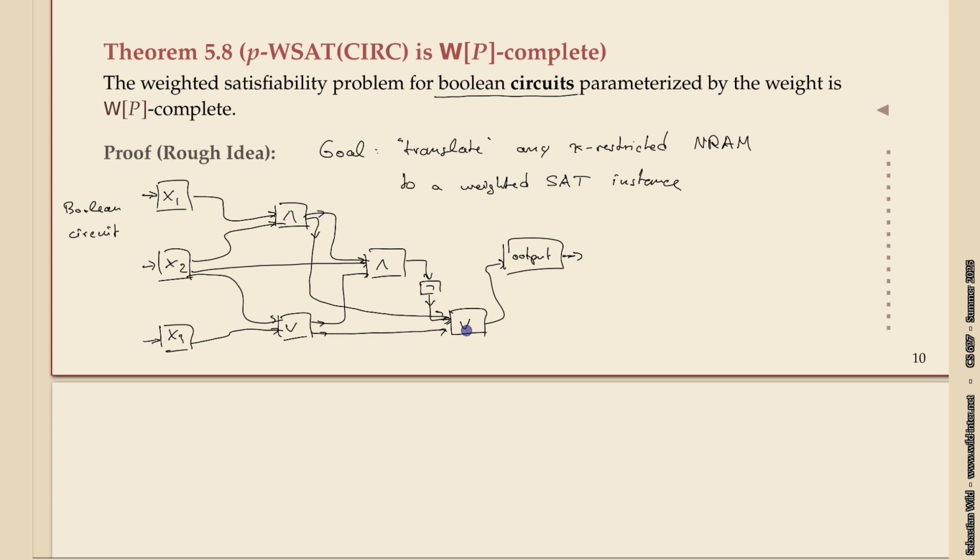In a formula, I would have to copy it and write it twice. Whereas in the circuit, I can reuse the output of this single gate several times. And that means you can have large parts that are reused, and then the larger reusing parts are reused again. So in general, circuits can be exponentially more compact than a formula.